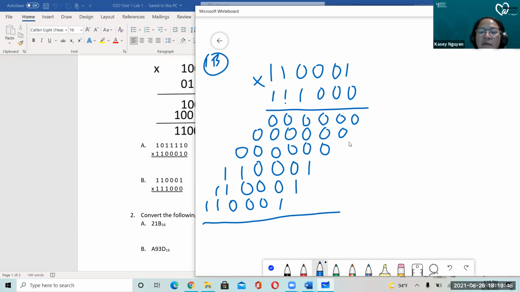And then we add everything together. So these 0s just drop down. Now 1 plus the rest of the 0s is going to give you a 1. Again, 1 plus the rest of the 0s gives you a 1, and again a 1.